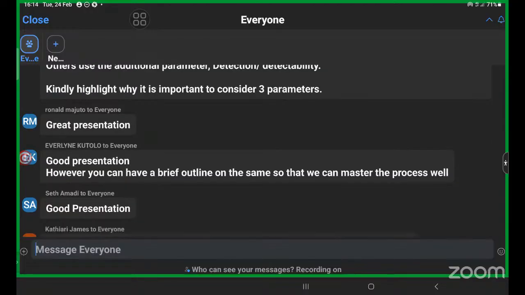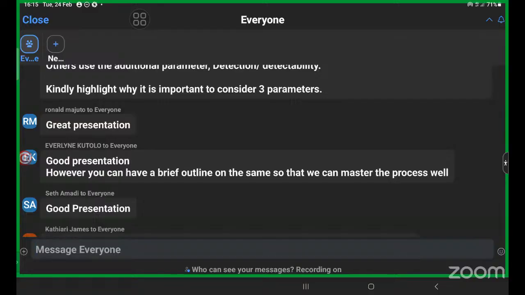So it's important to consider the three, because if, for instance, you use occurrence and detection and you don't use severity, you get a calculation where severity is not included. When you get this RPN, it will be flawed because there are things that you have eliminated from your equation.